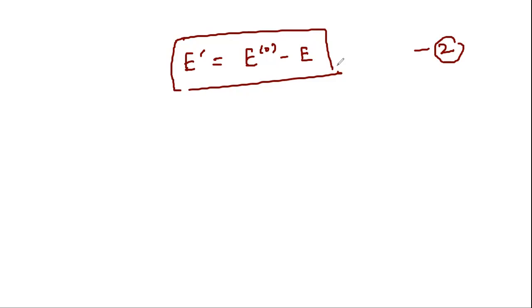Because when system A has energy E, system A prime has energy E naught minus E, E naught is fixed, right? So the number of states accessible to the combined system A naught can be regarded as a function of single parameter, that is energy E of system A. This is obvious because the only parameter here becomes E when you express E prime in terms of equation 2.